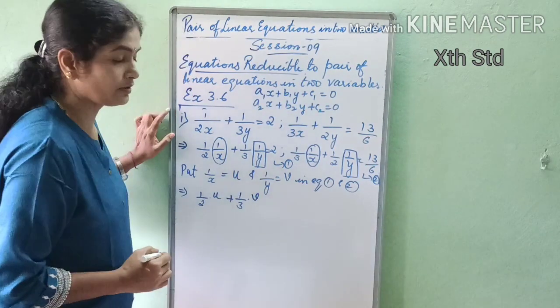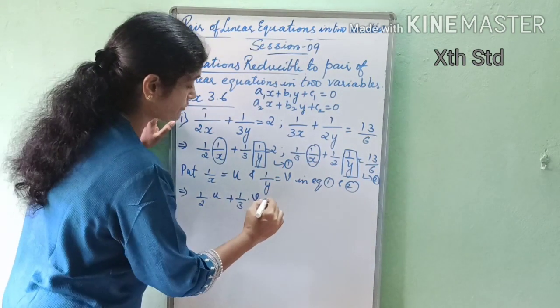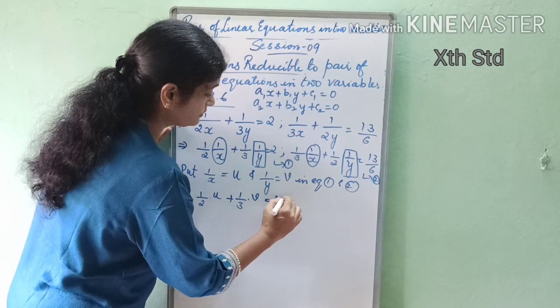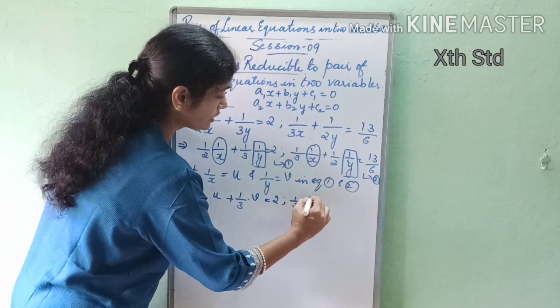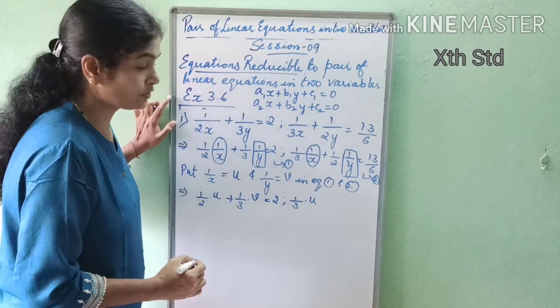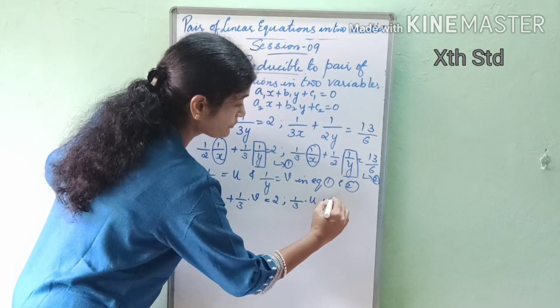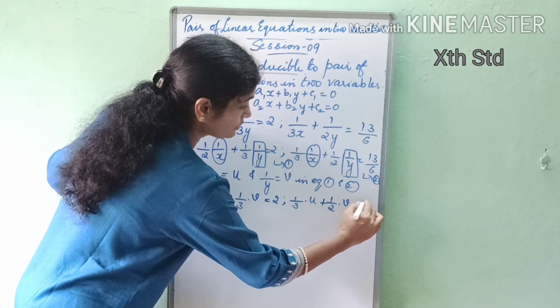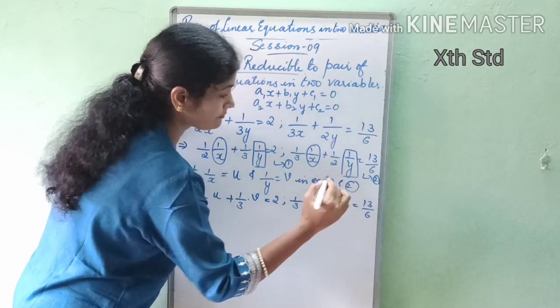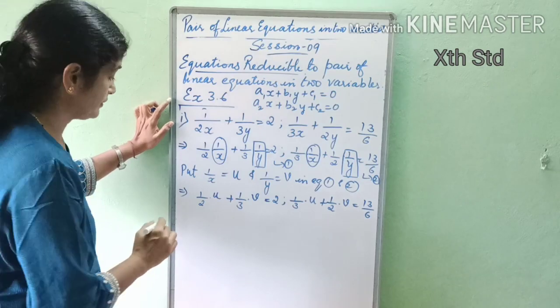So 1 by 3 into v is equal to 2. Then in the second equation, 1 by 3 into 1 by x we have taken as u. So u by 3 plus 1 by 2 into v is equal to 13 by 6.